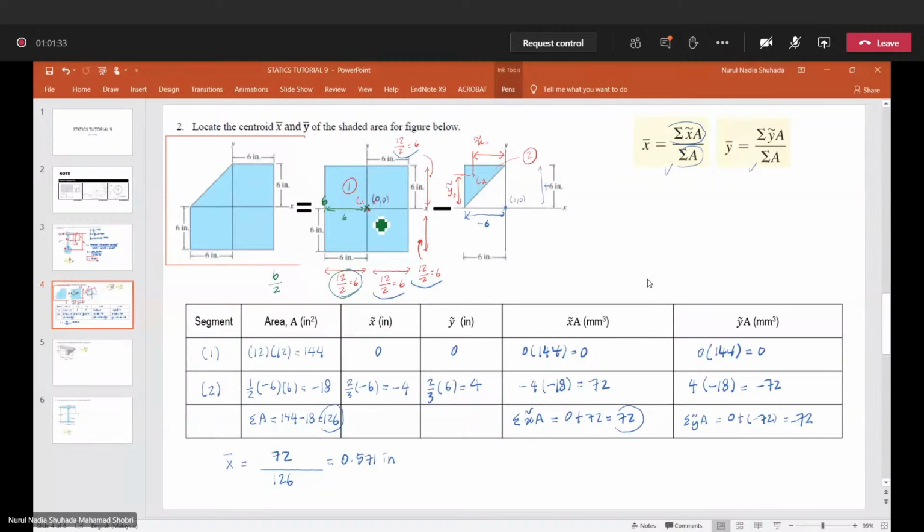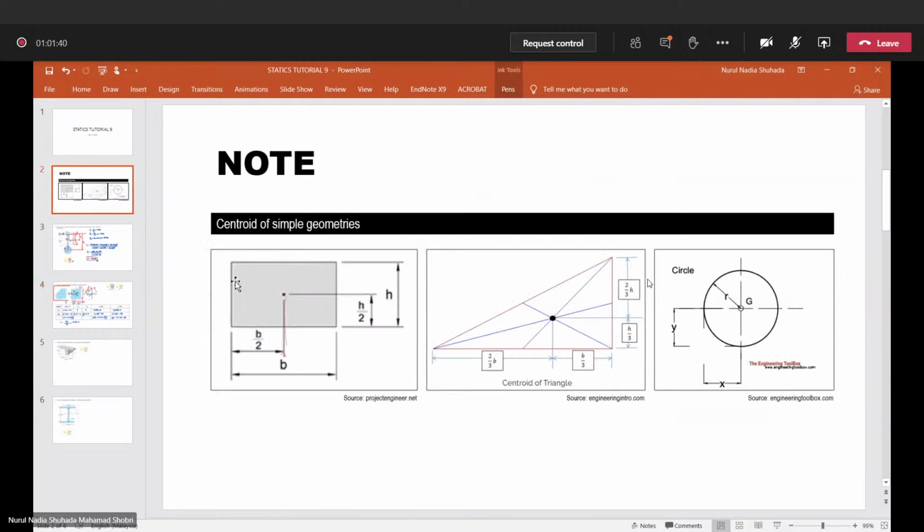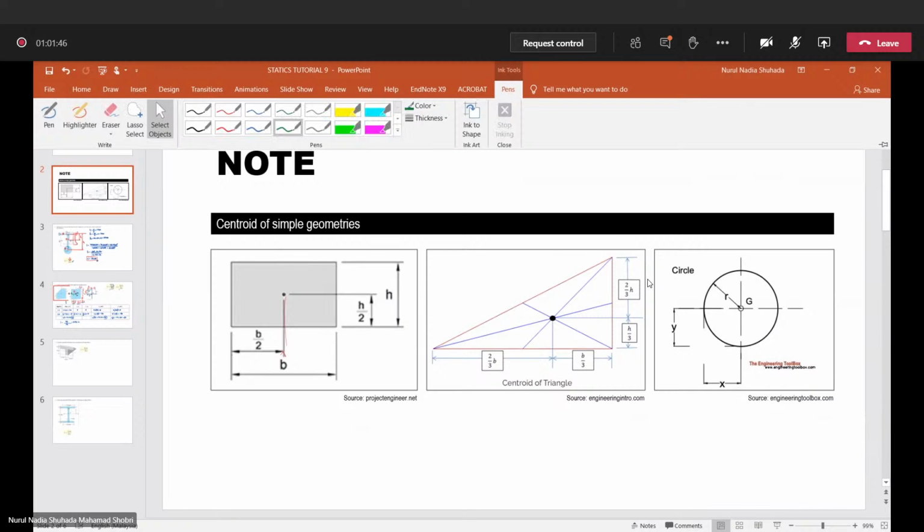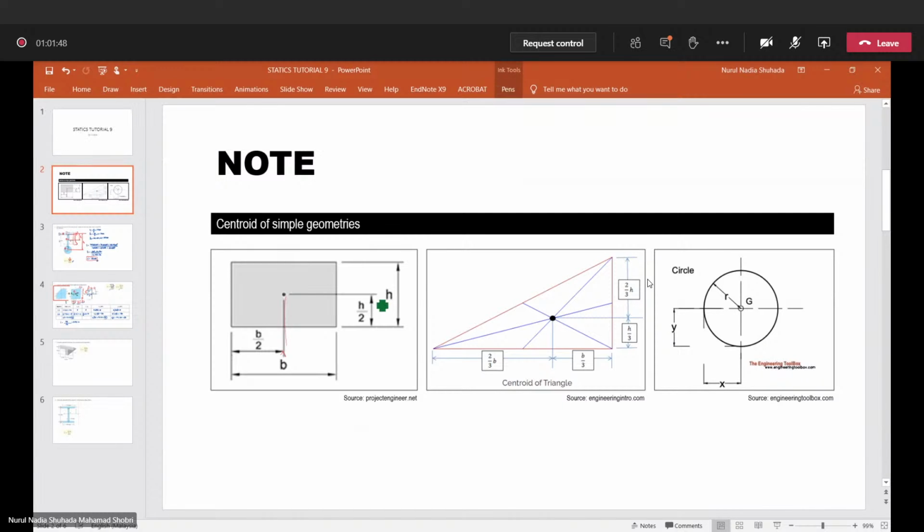This is for x, and for y it is also the same. As you can see here, h divided by 2, the distance here will indicate the position of y.